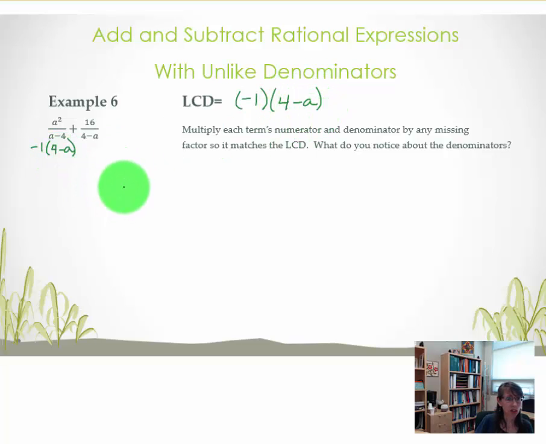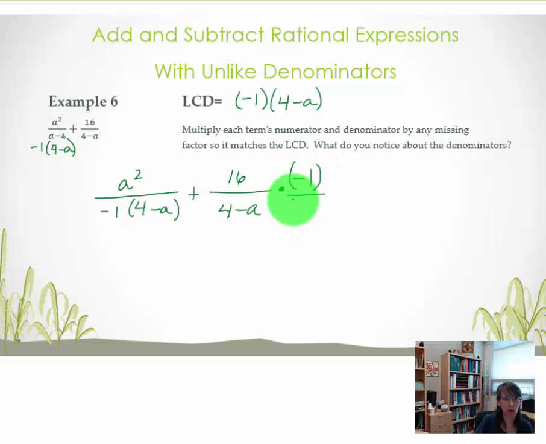So I'm rewriting my first term, a squared over negative 1 times 4 minus a, added to my second term, which is 16 over 4 minus a. And comparing that with the LCD, I can see that negative 1 is the missing factor.